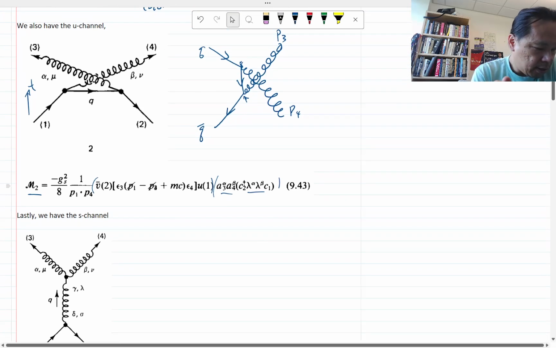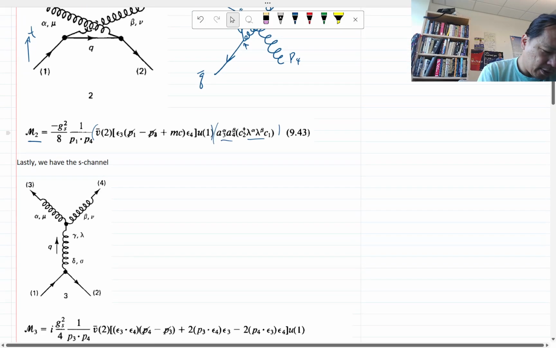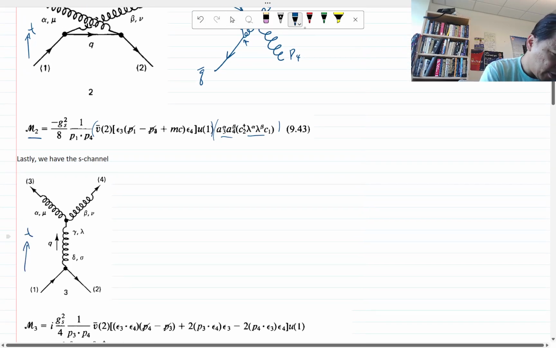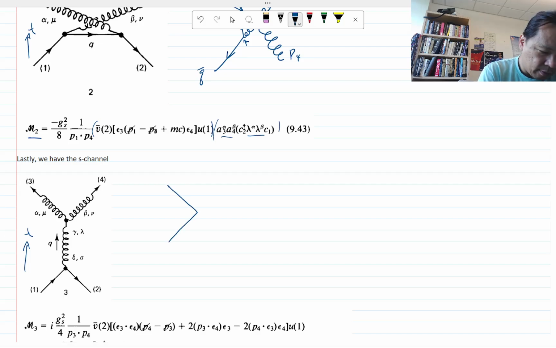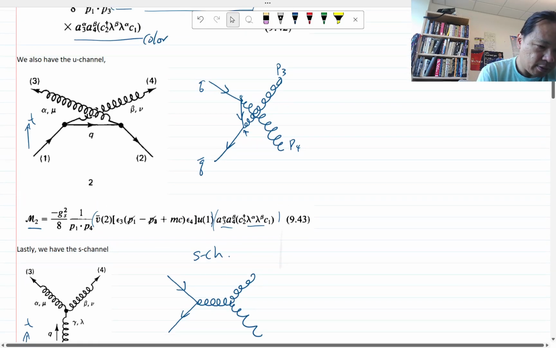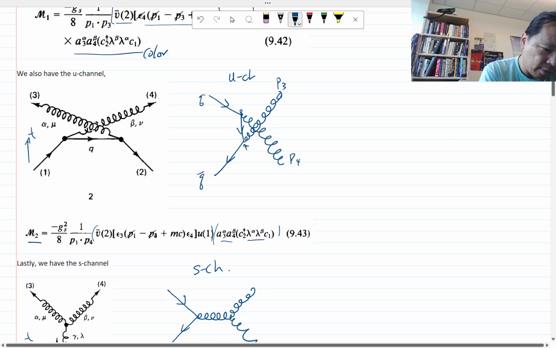Okay, and lastly, we also have the S channel. So remember, this is time going up. In this case, the quarks literally just slam into each other, and then you have a gluon coming out, and then this gluon decays into two different gluons. This is the S channel. This one is the U channel.